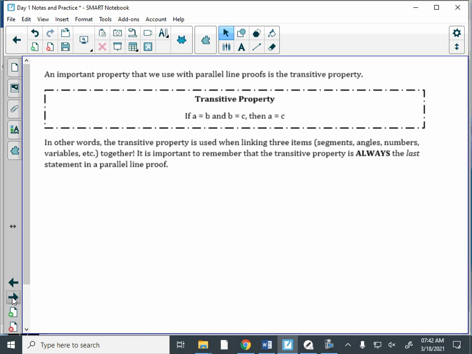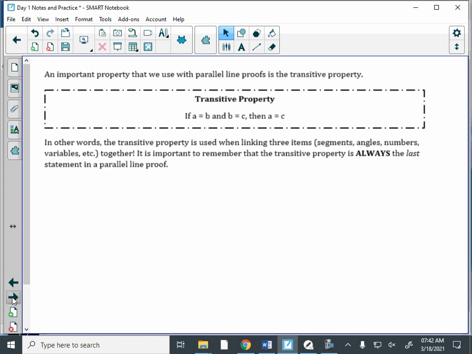It links A to B, then we link the second thing to a third thing, B to C. So if B is in both, that means A and C are also linked together. You're just linking three things together.